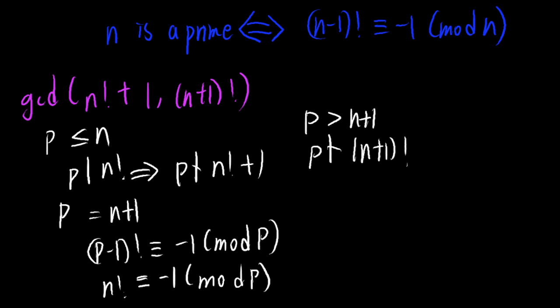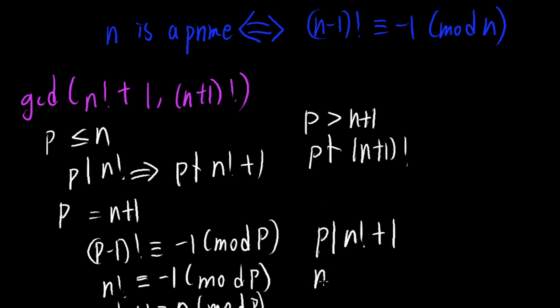And we see here the very nice thing is that we directly prove that p divides n's factorial plus 1, which means that p equals n plus 1 divides n's factorial plus 1.